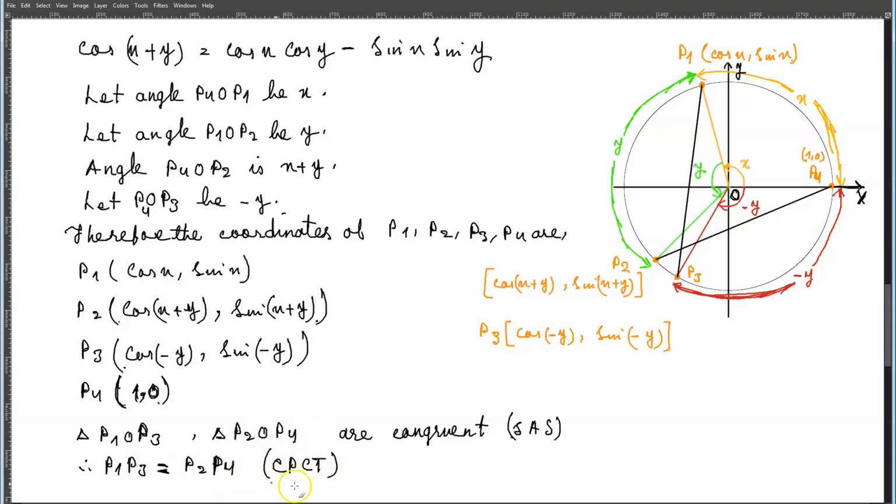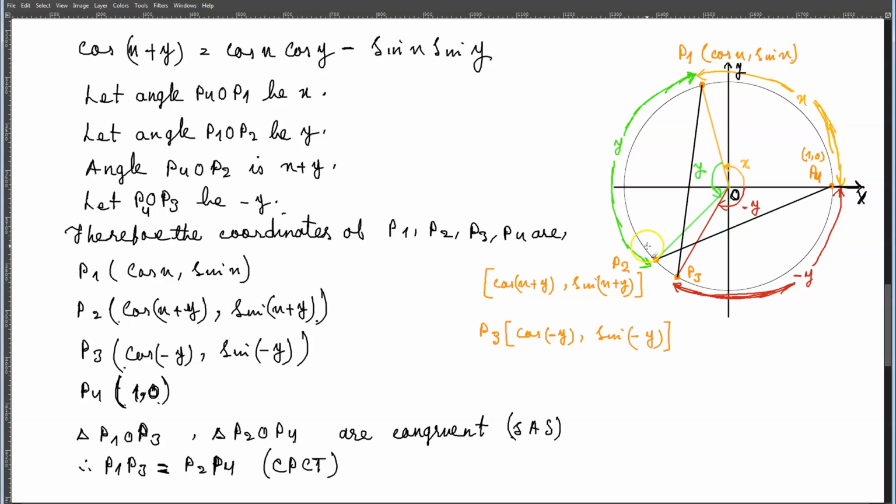So because the two triangles are congruent, since this side corresponds to this side, you can say that the two sides are equal in length.